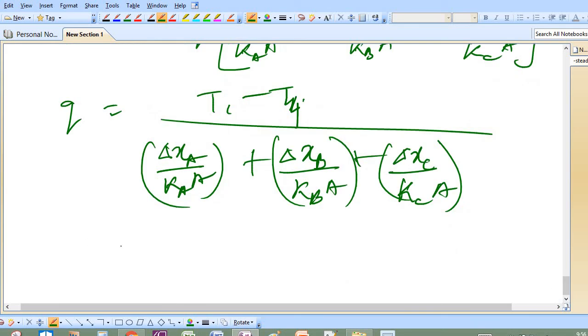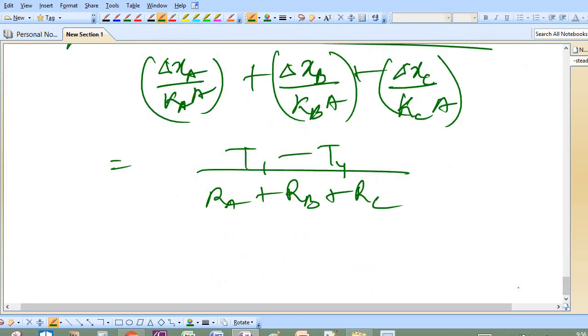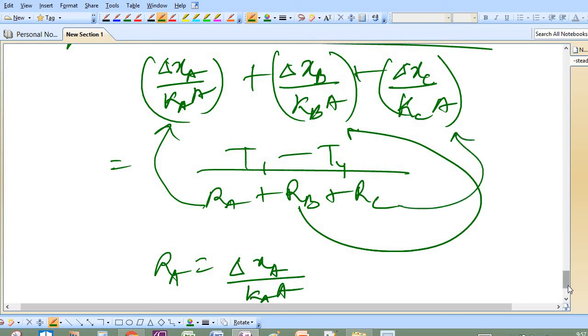In other words, we can write it as T1 minus T4 divided by R_A, resistance of wall A, plus R_B, resistance of wall B, plus R_C, resistance of wall C, where these resistances R_A are delta X A by K_A A, R_B is delta X B by K_B A, and R_C is also the same.